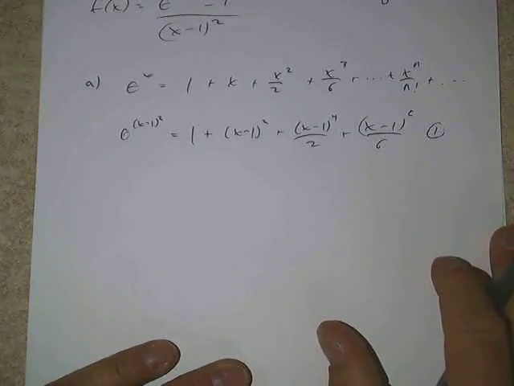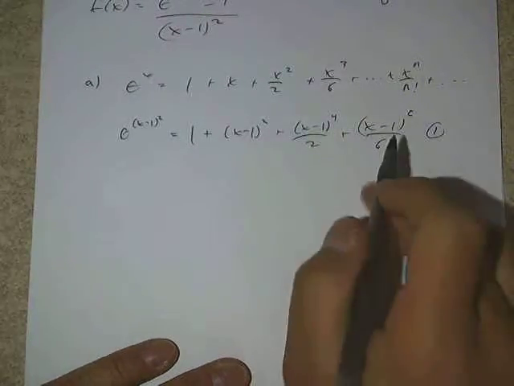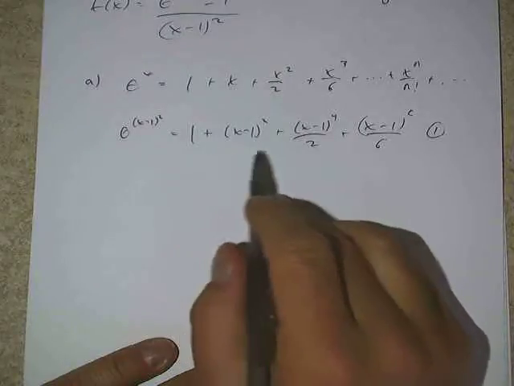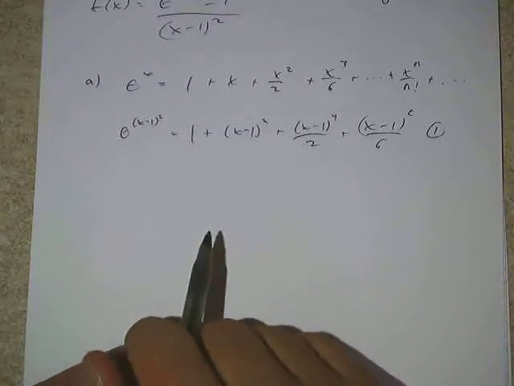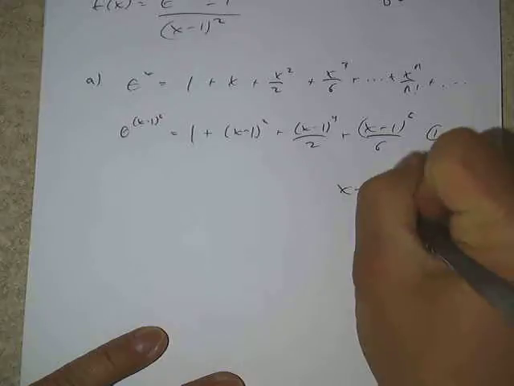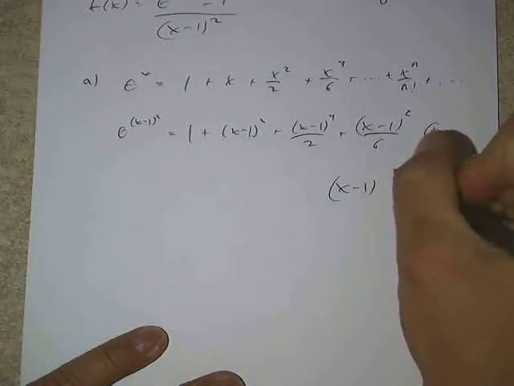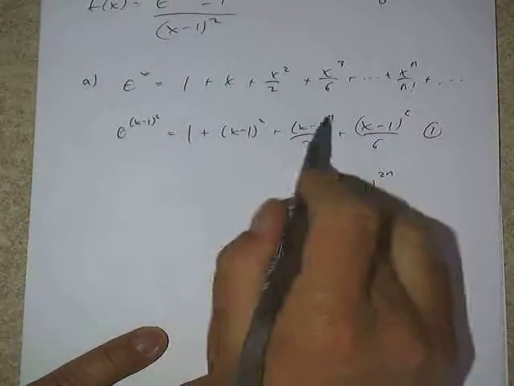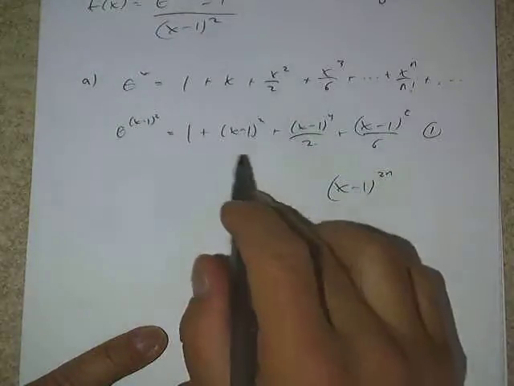So we'd have 1 plus (x minus 1) squared plus (x minus 1) squared squared, which would be to the 4th, over 2, plus (x minus 1) squared cubed, which would be to the 6th, over 6.